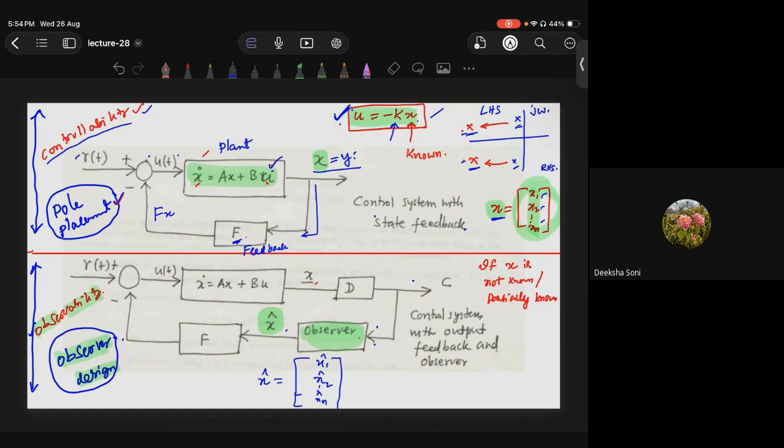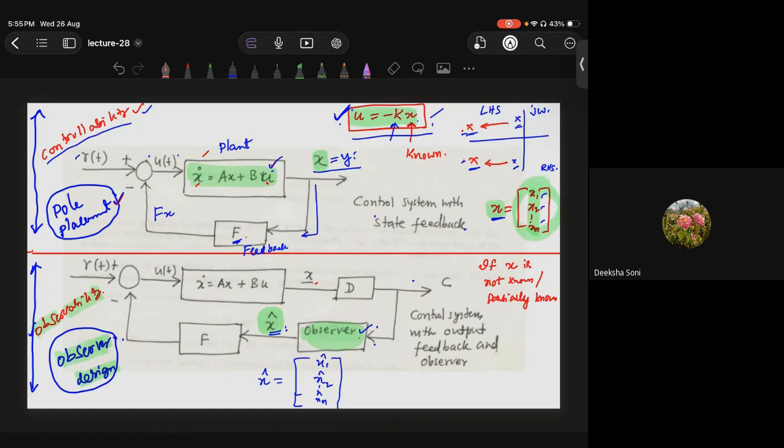They may give only some values, x1, x2 only. In that case, we cannot implement this. To implement that, we need the complete x. For that reason, we design this observer. The observer estimates this x cap, which is a copy of the x.